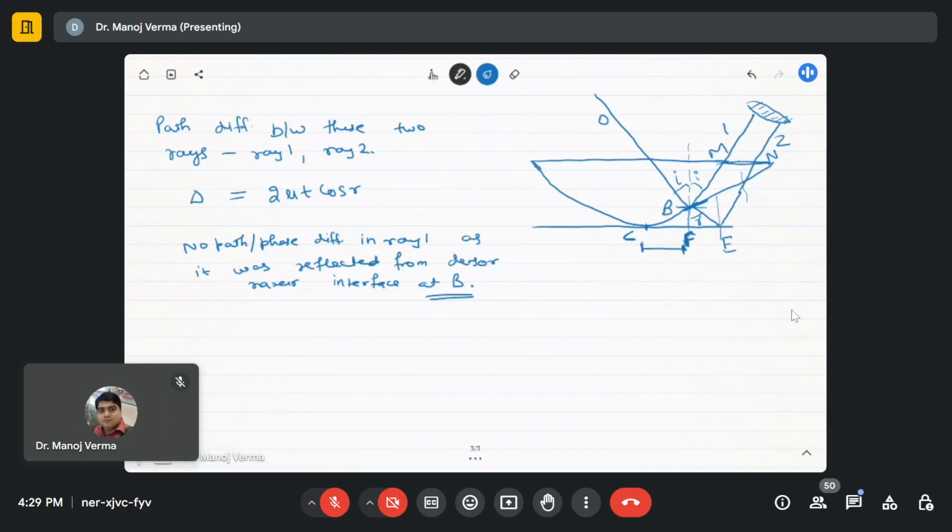But at point E, this ray 2 has suffered a reflection at the rarer to denser interface. Right? This ray 2 has suffered a reflection at the rarer denser interface at point E.